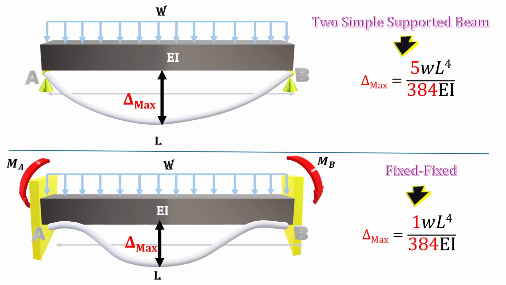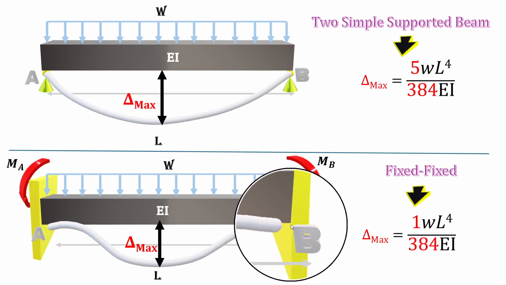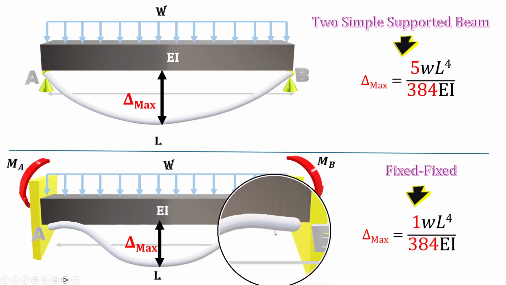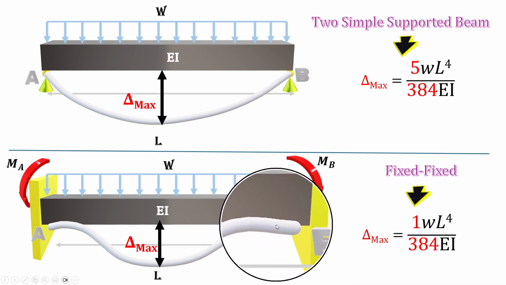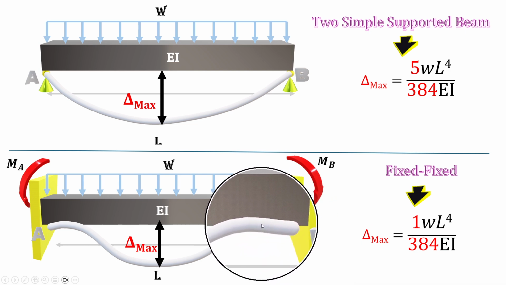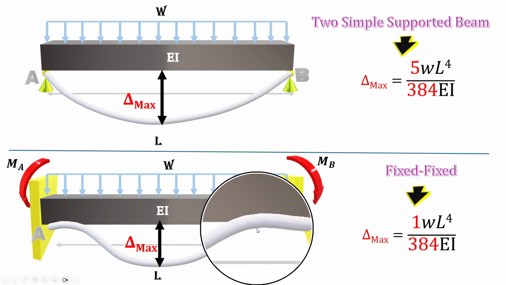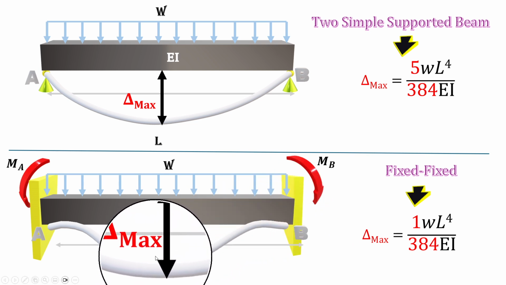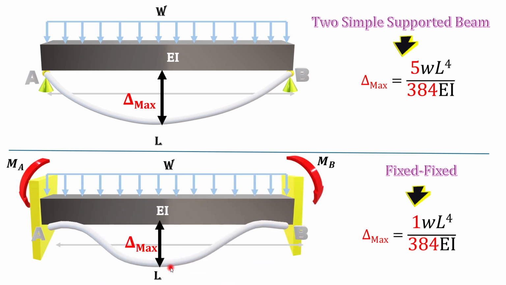And that makes sense because the fixed support prevents any angle from being created and also restricts the downward motion. That's why the delta maximum for a fixed beam is 1/5 of the delta maximum for a simply supported beam.